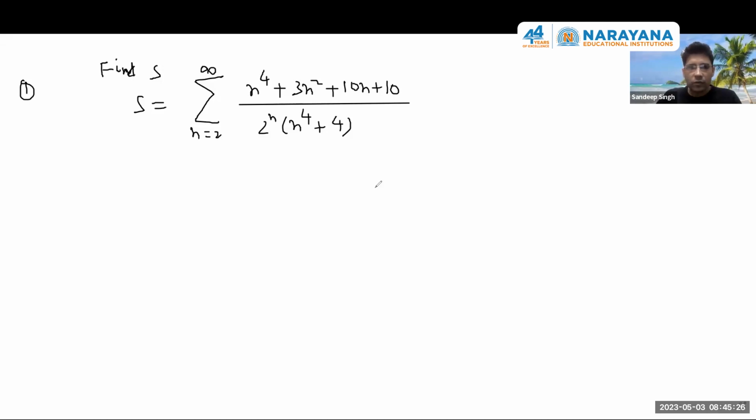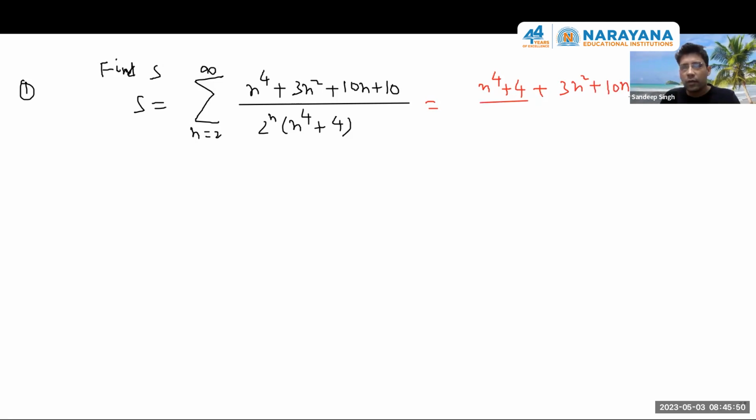Correct? So first of all, as all of you might have done, n power 4 plus 4, I want to write this separately. And what else? 3n square plus 10n, and then plus 6, like that.